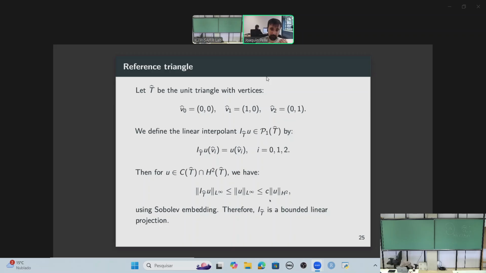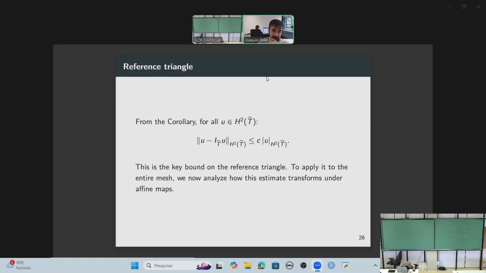So we can say that this interpolation is a bounded linear projection. So we are able to use the result of the corollary.